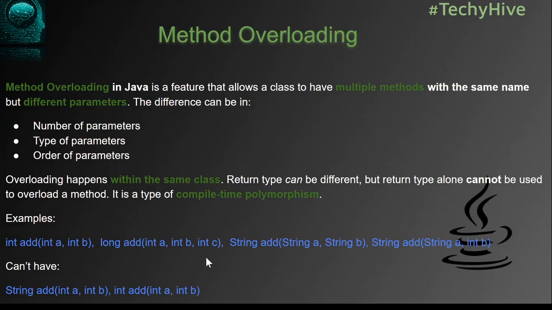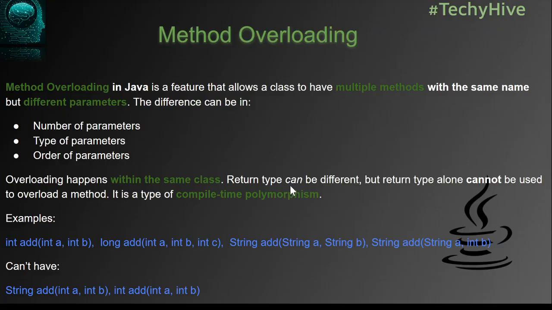Method overloading in Java is a feature that allows a class to have multiple methods with the same name but different parameters. These differences could be the number of parameters, type of parameters, or order of the parameters. So in Java, a class can have multiple methods with the same name but different arguments.